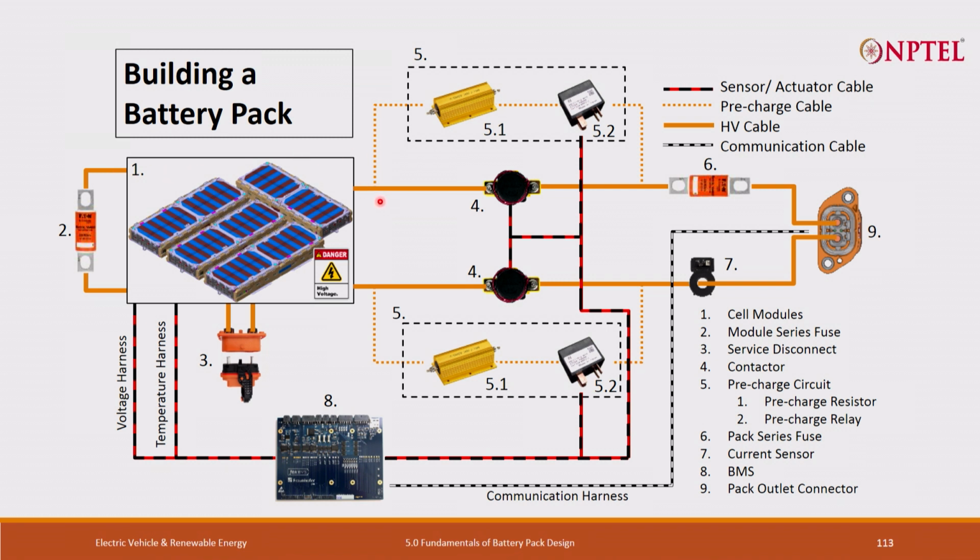Build the energy delivery path using contactors and relays. Develop the BMS hardware as well as software. Connect the various sensors, like the temperature harness and voltage harness, with that. Put it into the casing. Connect with the service port.